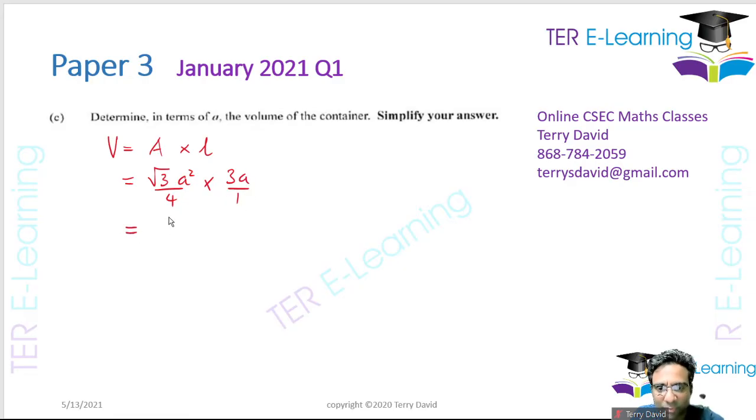Therefore my volume is going to be, on the numerator, 3 multiplied by the square root of 3. A squared by A gives me A cubed, divided by 4, right? So this here is my volume of the container. Now this said simplify your answer. That's the best you can give that there.